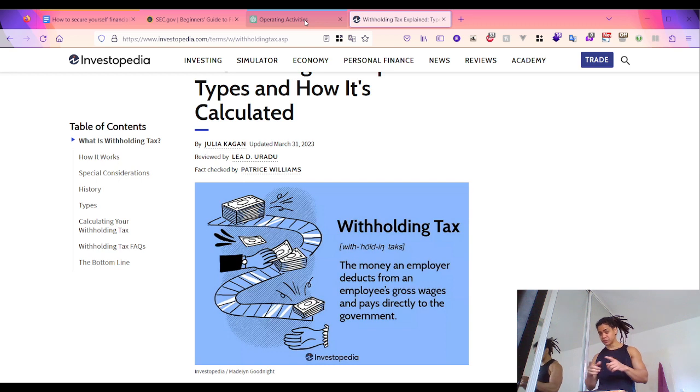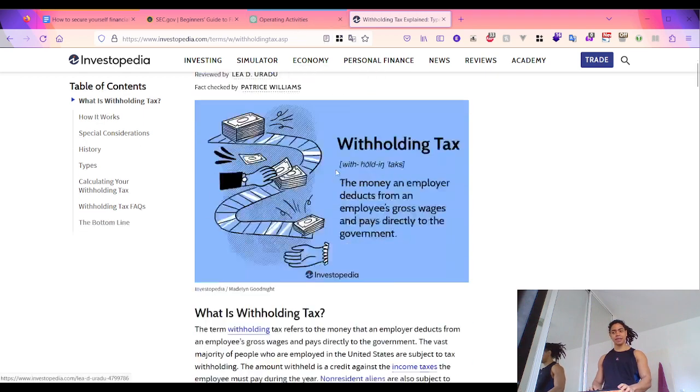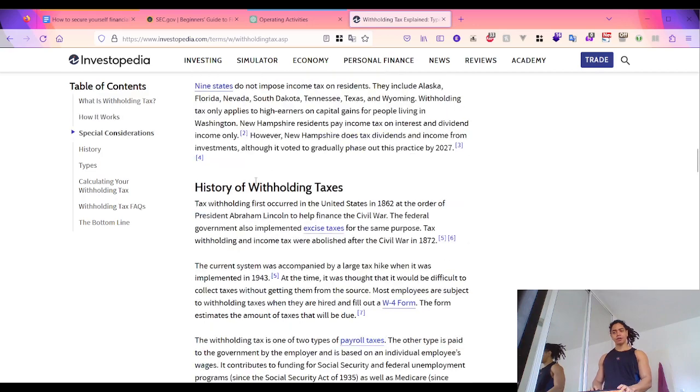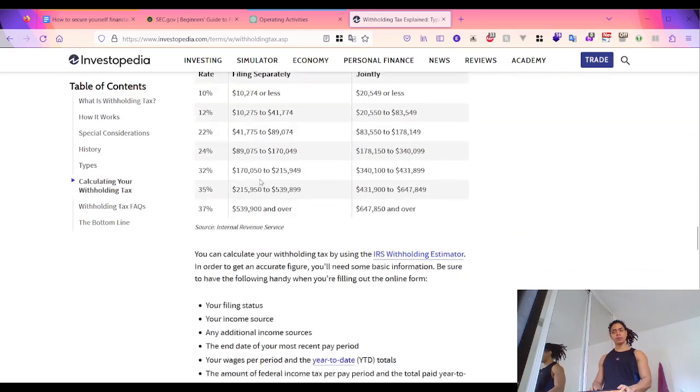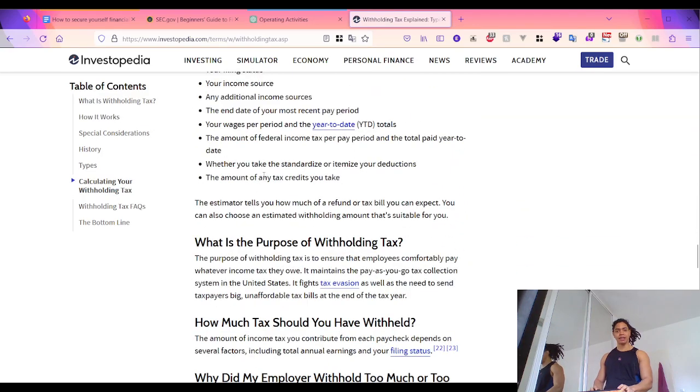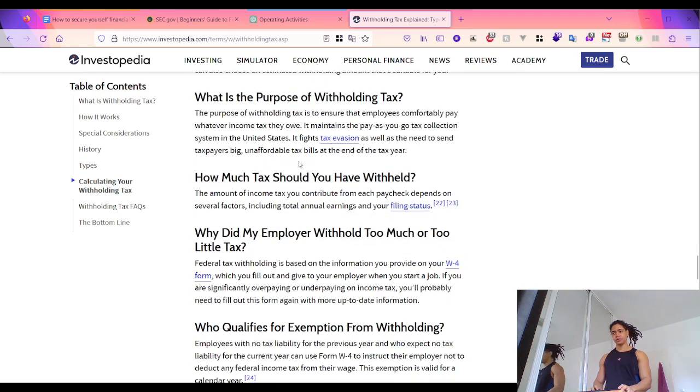The whole purpose of this, according to Investopedia, is to fight tax evasion, as well as to simplify things allegedly, without having to pay a lot of taxes at the end of the year, and to avoid sending the taxpayer a big unaffordable tax bill at the end of the tax year.